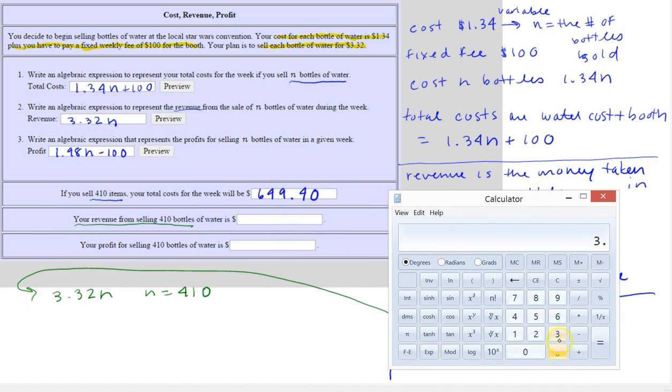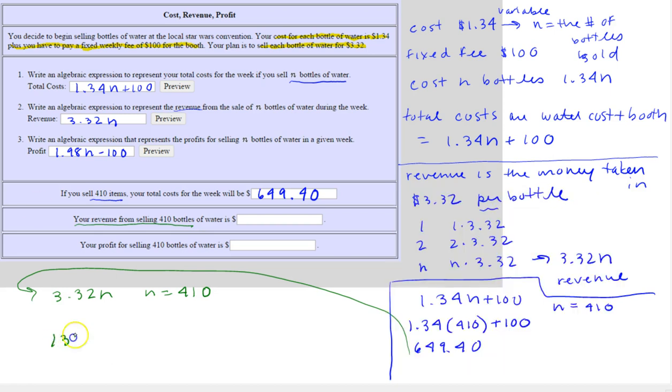So it would be 3.32 times the 410 bottles, $1,361.20. Notice algebraically, it would be 3.32, replace the N with 410 in parentheses, and multiply. So your revenue would be $1,361.20.